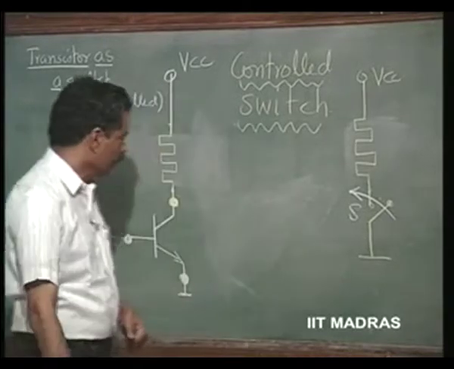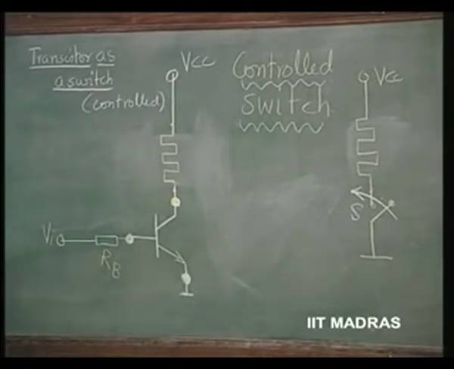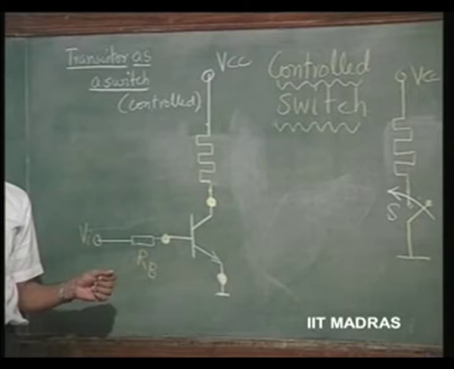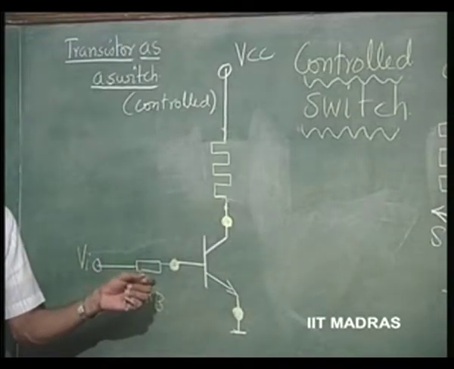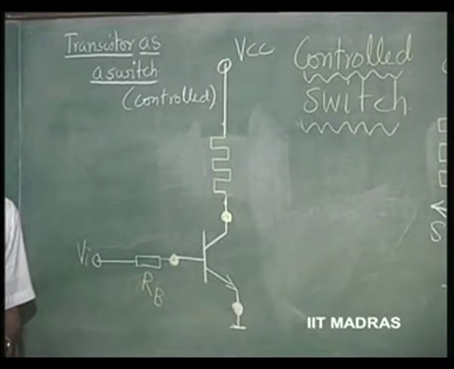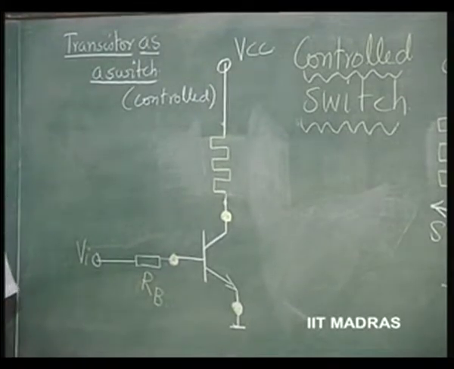Let us see how. We have just now discussed that a transistor can be brought into the active region. From the active region, it can be brought into saturation. What is saturation? We will see this.